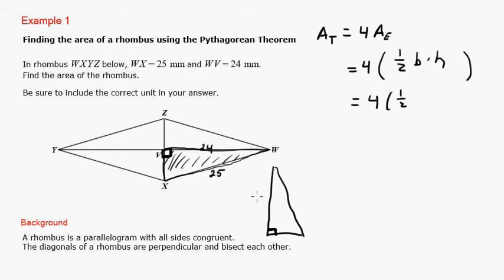We know that this is 24 and this is 25, but we don't know the base. That's a little bit of a problem, so I'm just going to say B for right now. Now the height, though, is 24. So times 24. Our problem is we have to find the base.